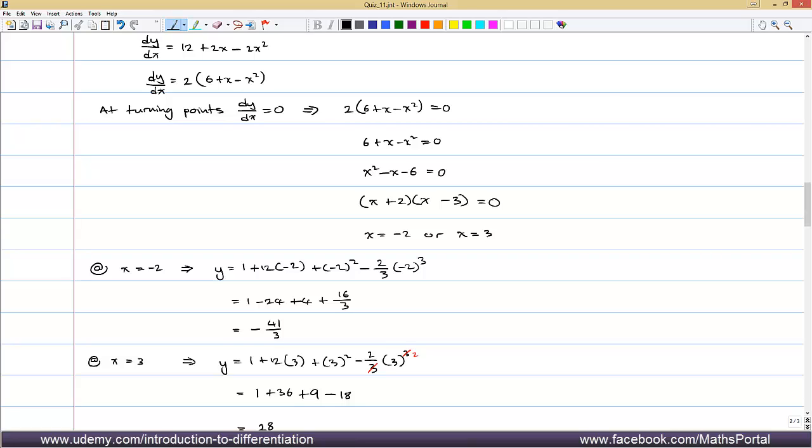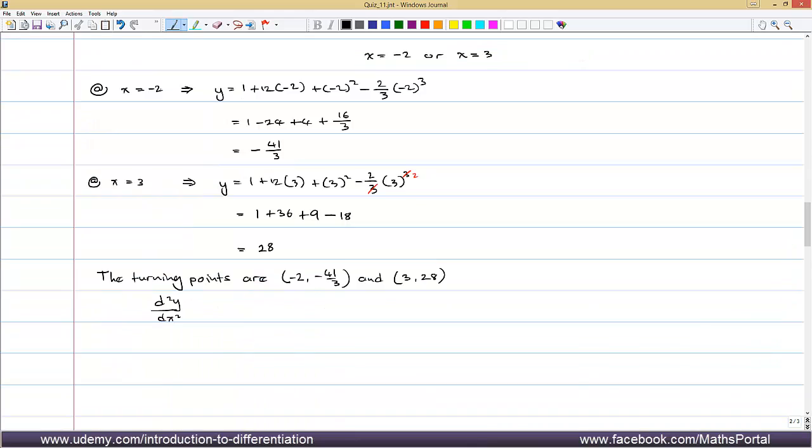So d2y/dx2 is going to be 2 open bracket 1 minus 2x. To determine whether there is a minimum or maximum point, we need to evaluate the value of the second derivative at each point. So for example, x is equal to minus 2.